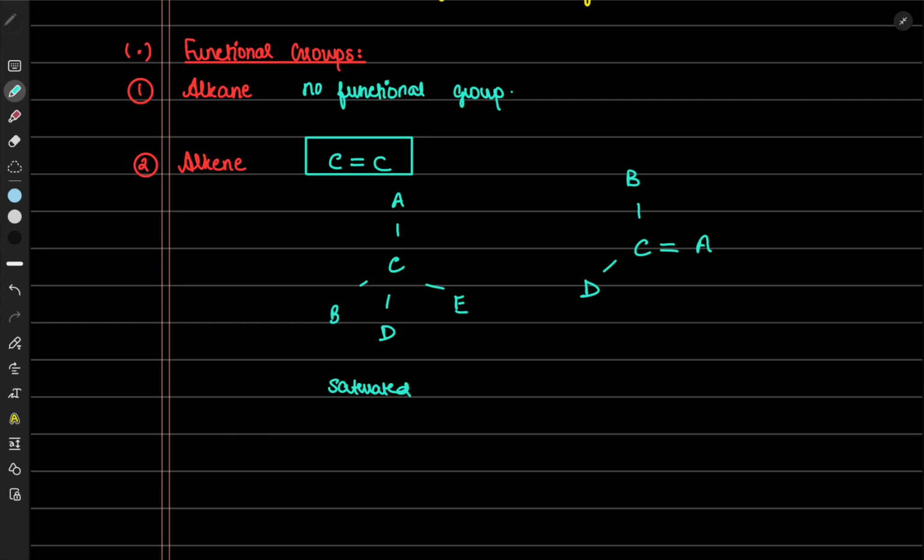And whenever carbon makes a double bond or a triple bond, this will be known as an unsaturated species, because the level of saturation, that is the four different groups attached with four different bonds, is not achieved. That is the reason it is called an unsaturated compound. So alkenes, for that matter, are unsaturated. So all alkenes are unsaturated compounds, right?